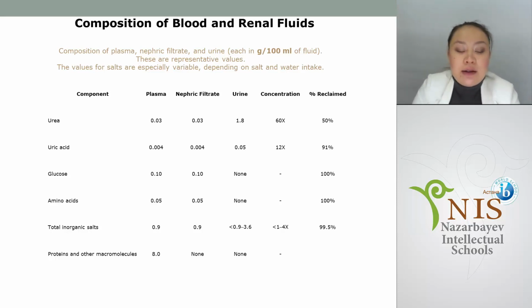Okay, look at this table. Components: urea, uric acid, glucose, amino acids, total inorganic salts, and proteins and other macromolecules. In plasma, in blood, we have them in numbers. Here, for example, urea is 0.03.